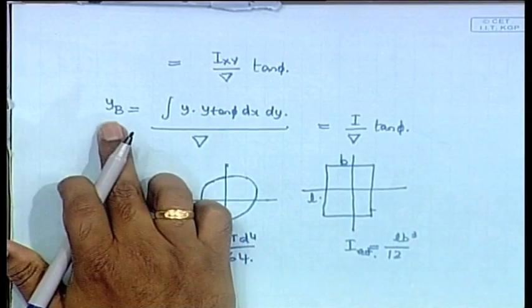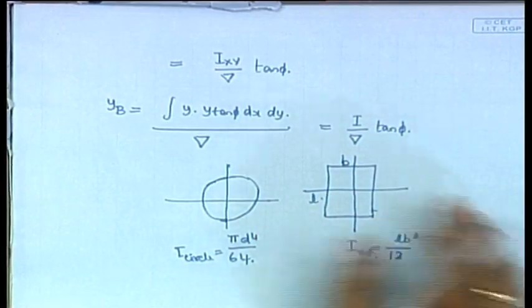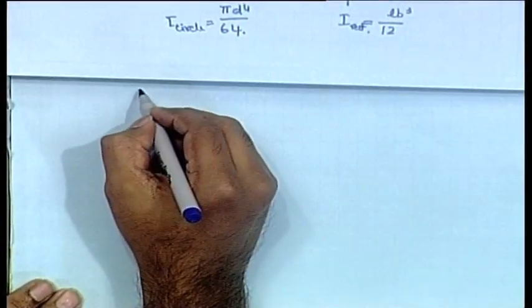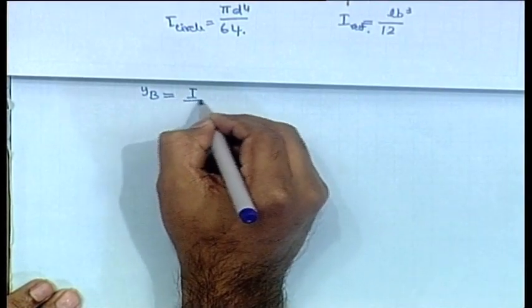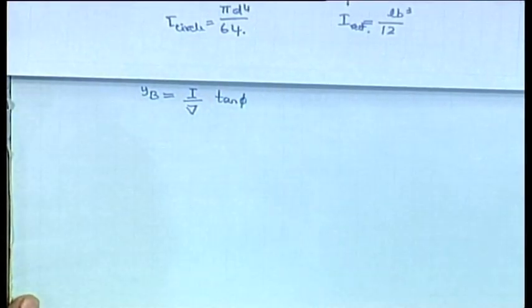All right. So, now you have y b is equal to I by del tan phi. Now, remember, in ships we are talking about heel angles in most cases in these derivations not in excess of probably 10 degrees.